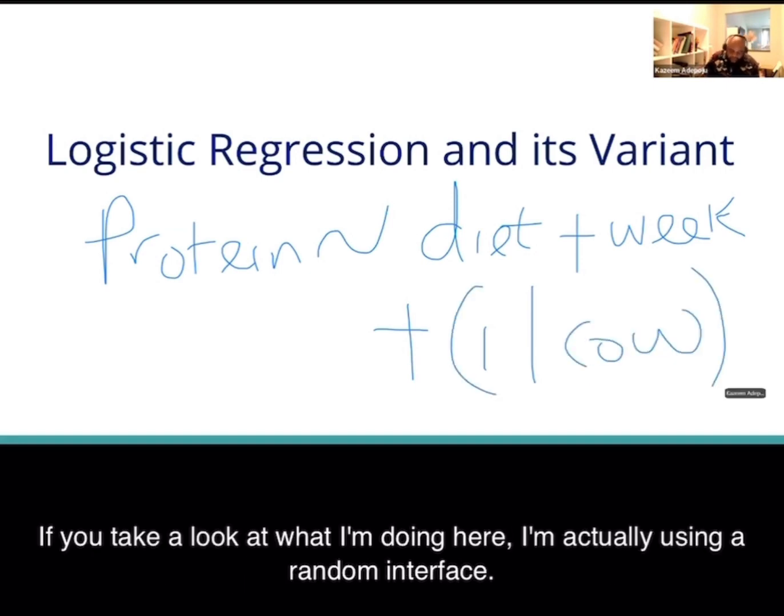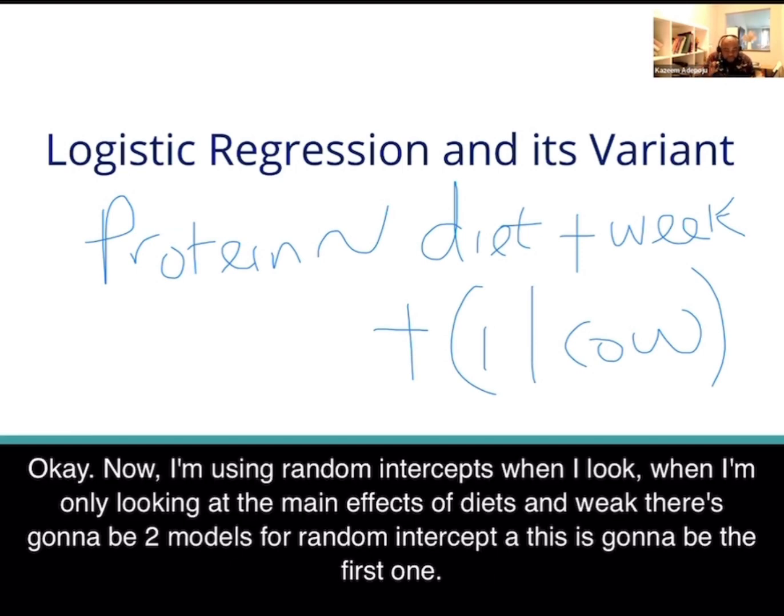If you take a look at what I'm doing here, I'm using a random intercept. Take a look at this. Now I'm using random intercepts when I'm only looking at the main effects of diet and week.